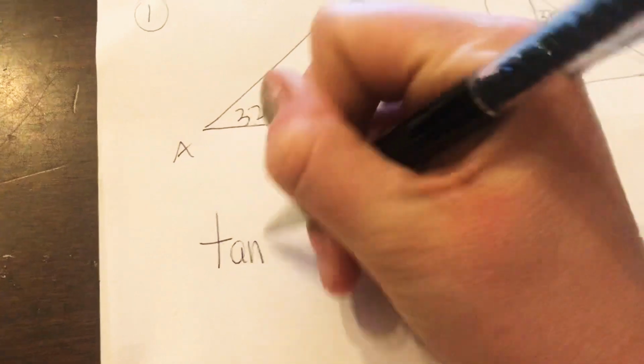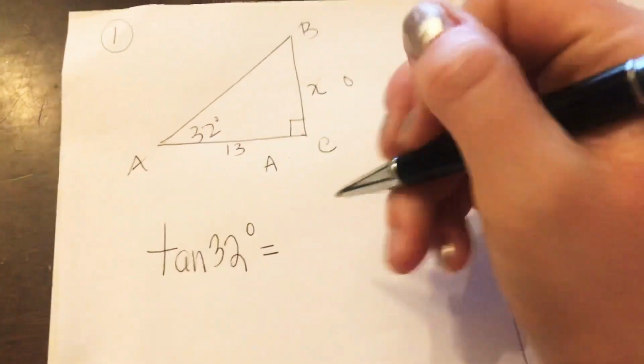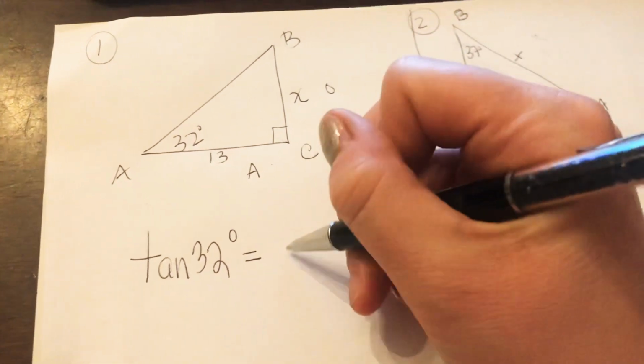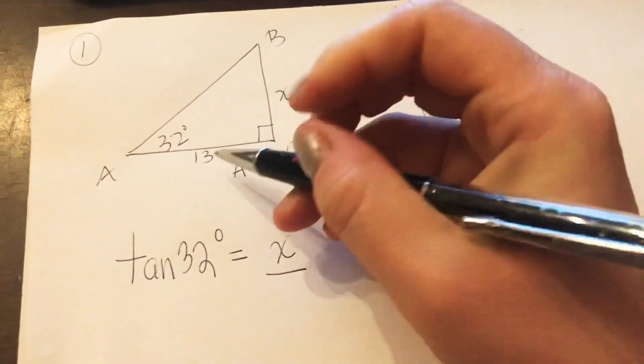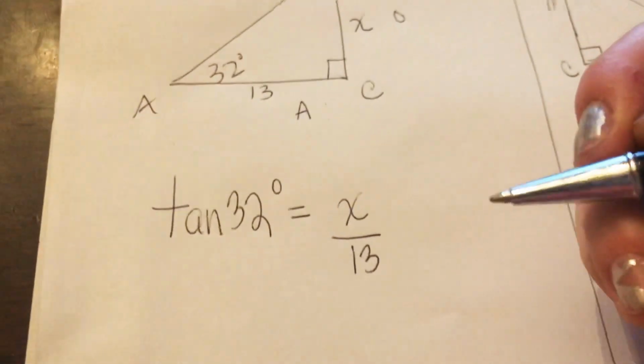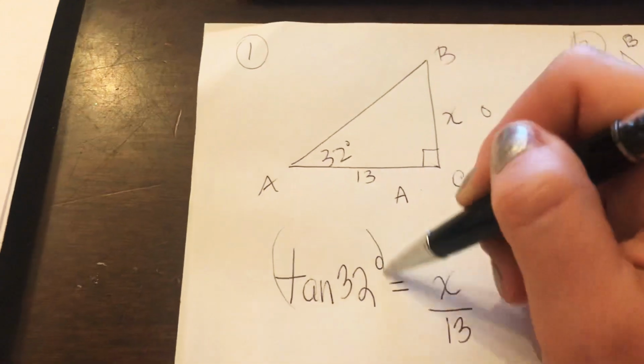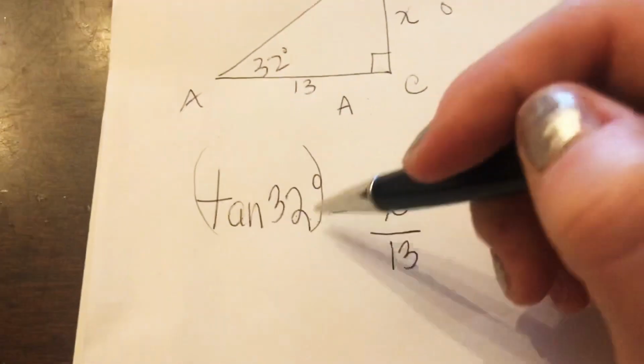So I'm going to set it up like this. The tangent of 32 degrees equals, opposite side is x over adjacent side is 13. And then we're just going to solve for x. The tangent of 32 degrees is a value in itself. You cannot pull that 32 away from the tangent.